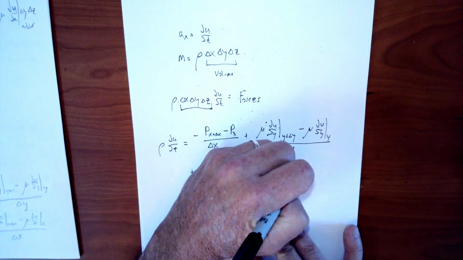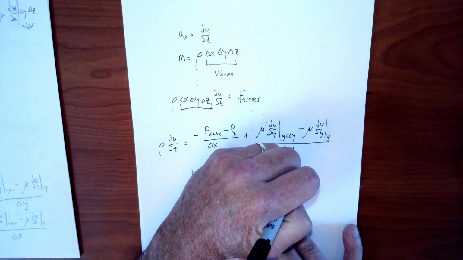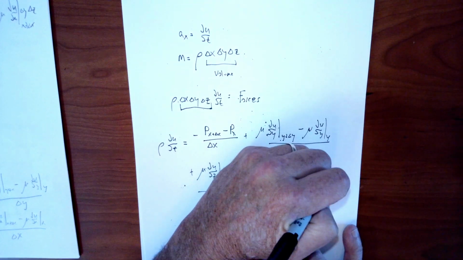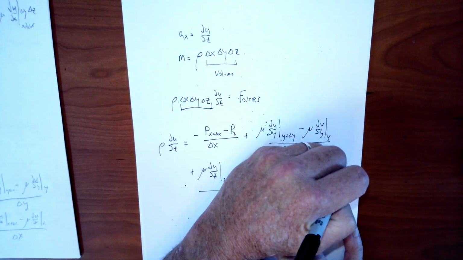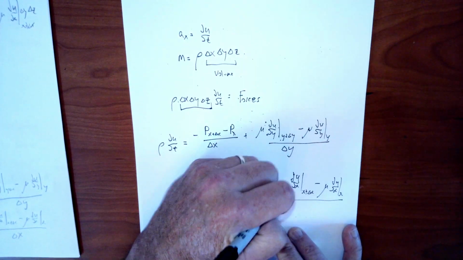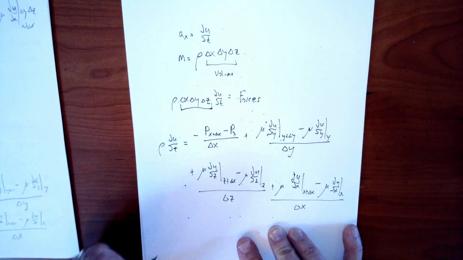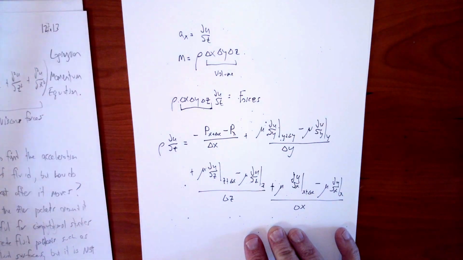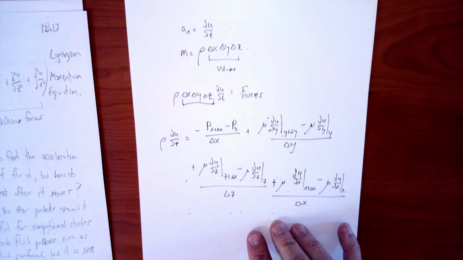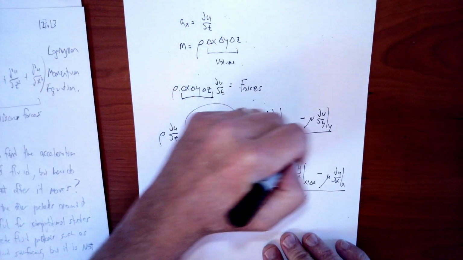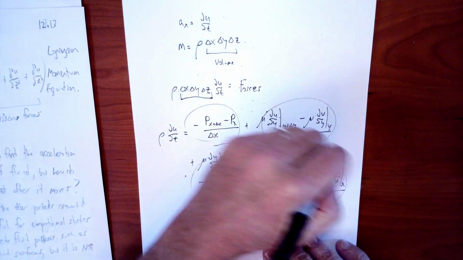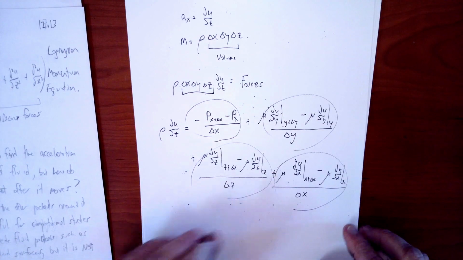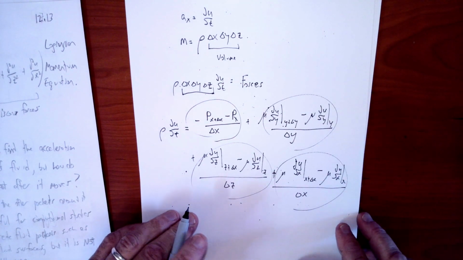And I have mu du dx at x plus delta x minus mu du dx at x, all divided by delta x. Hopefully you recognize all of these as we've done before now. These look an awful lot like derivatives because they are. So we're going to take all of these things and we're going to take the limit as delta x, delta y, delta z goes to 0.